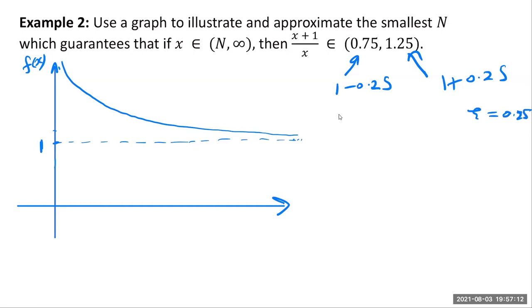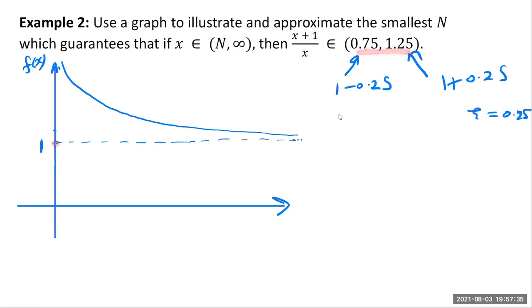Okay. So what are we asked to find? Use the graph to illustrate and approximate the smallest n, which guarantees that if you choose your x to be bigger than n, then your function f of x should fall in this interval. Okay. First of all, I'm going to mark 1 here because the midpoint of this interval is 1.